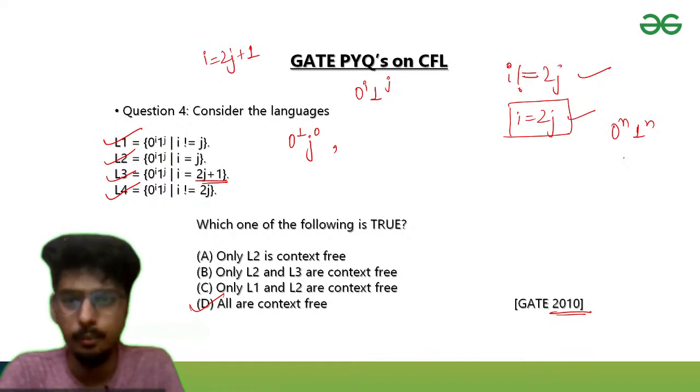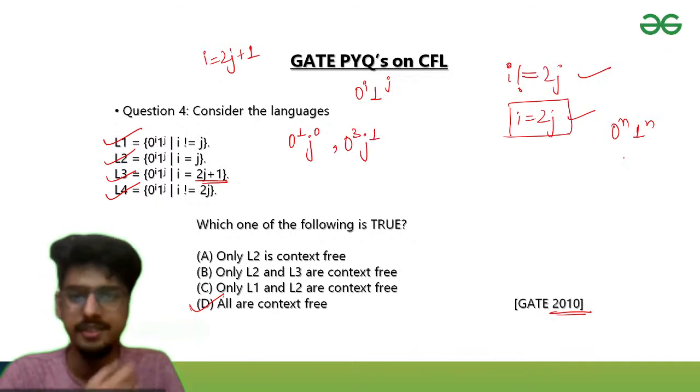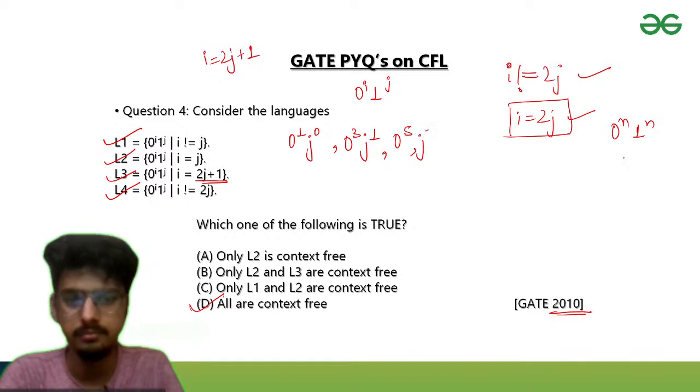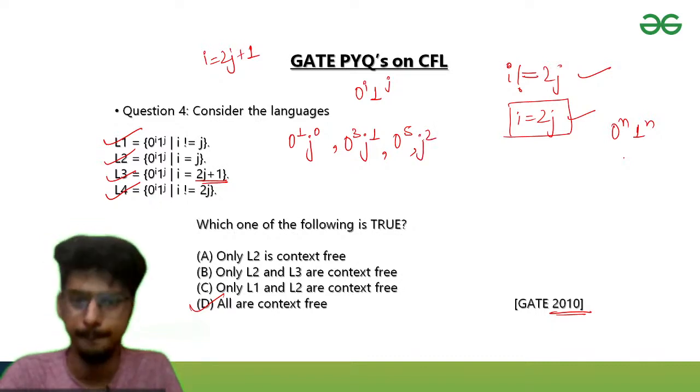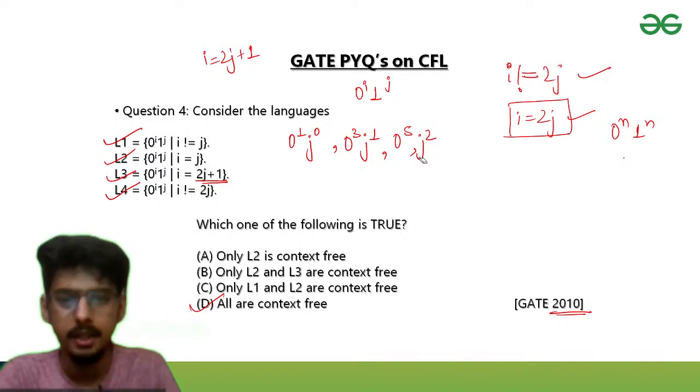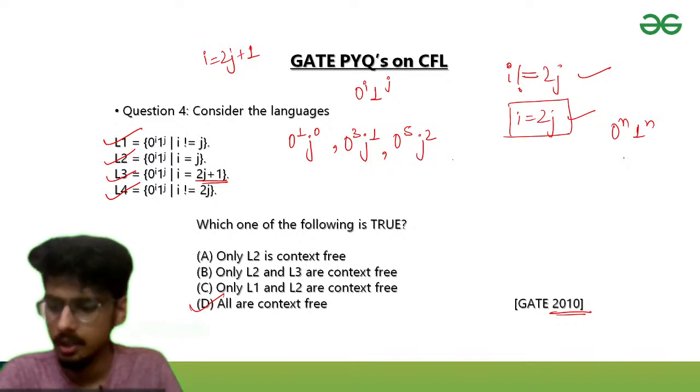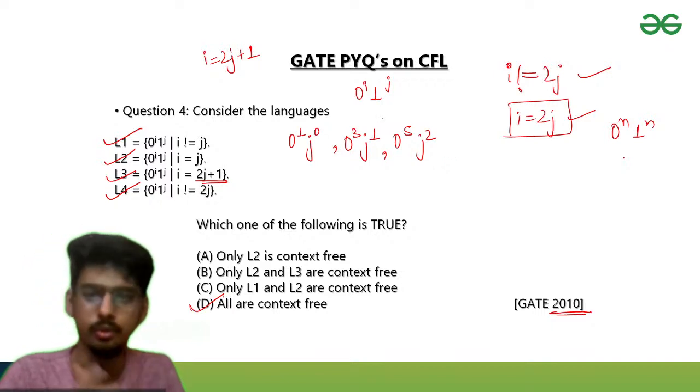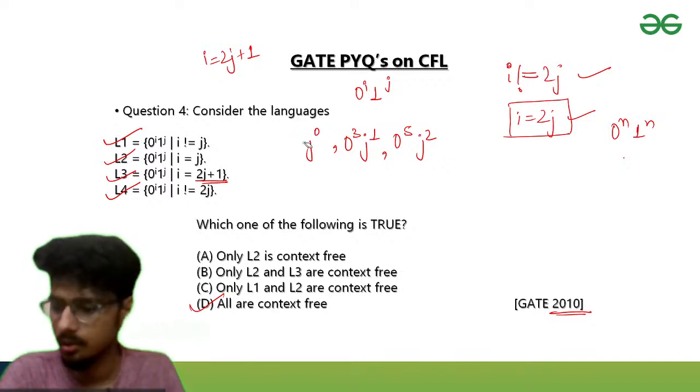Then when you put 1 in place of j, you will get 2 into 1 plus 1, that will be 3. So it will be 0 to the power 3 and 1 to the power 1. When j is 2, it will be 0 to the power 5, 2 times 2 plus 1.